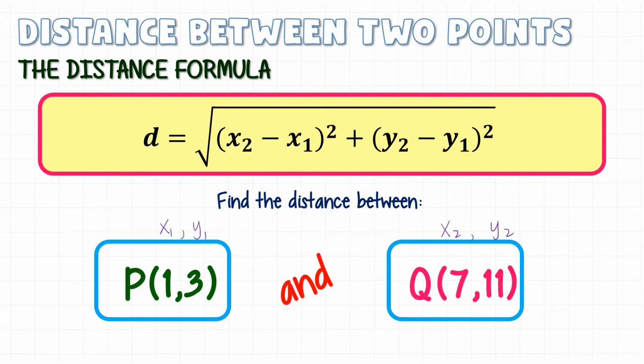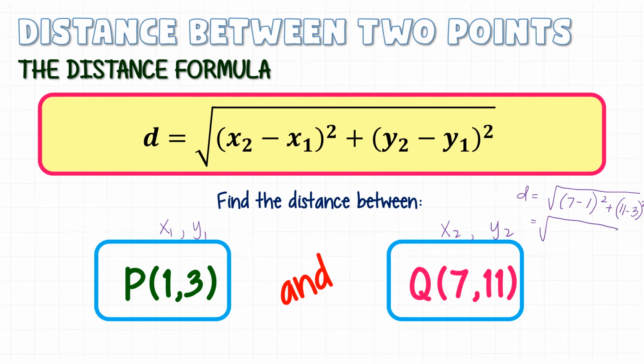Okay, distance is equal to, sabi x sub 2, so that is 7 minus x sub 1, 1, squared, plus y sub 2, that is 11 minus 3 squared.